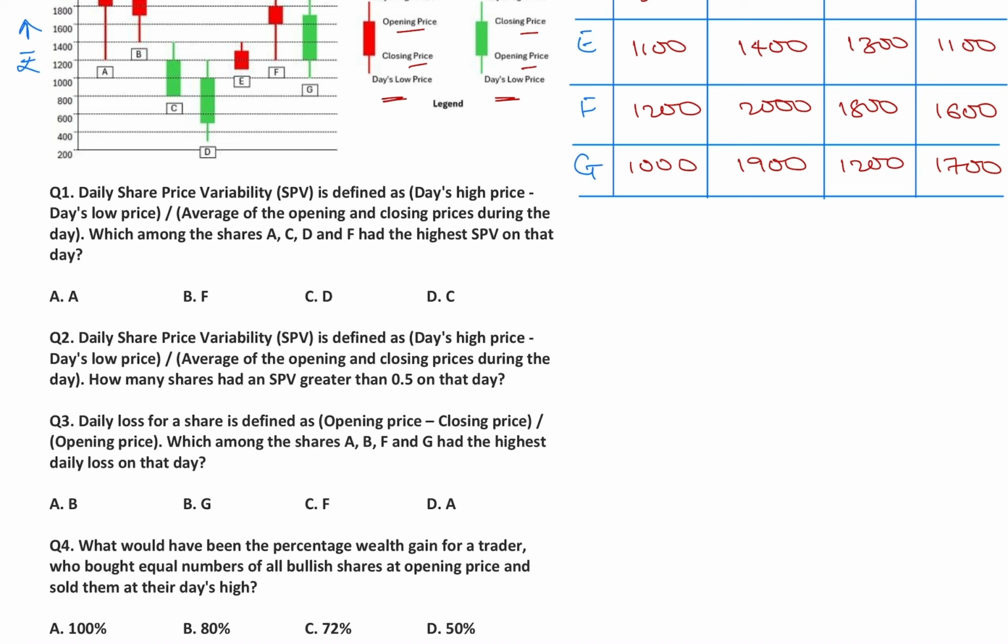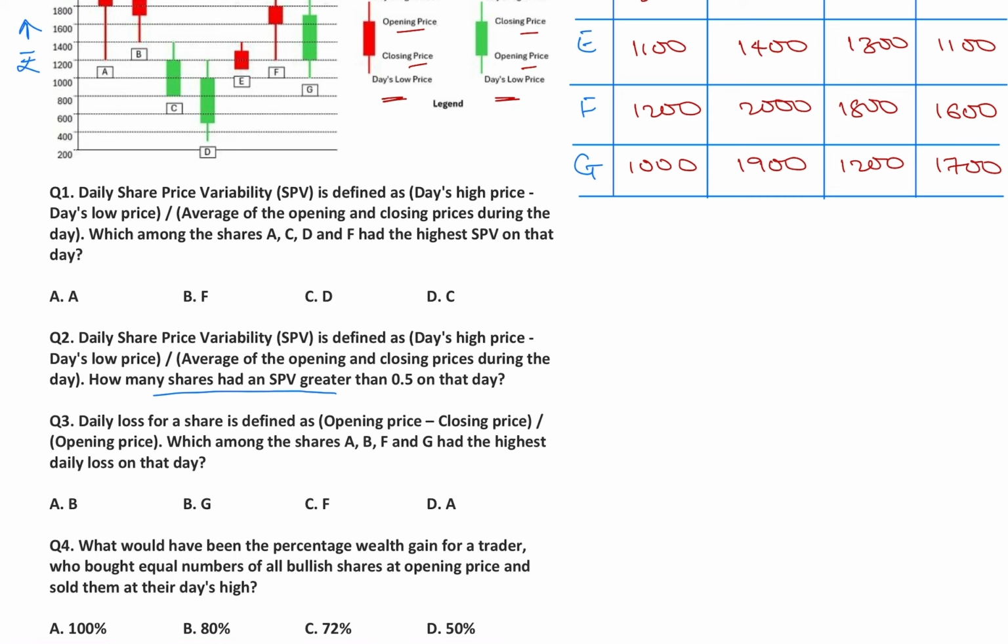If I take a glance at question number 2 as well, only question number 2, I can see that I have to find out the number of shares for which SPV is greater than 0.5.